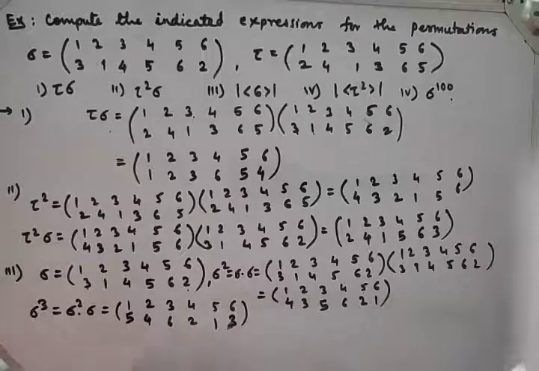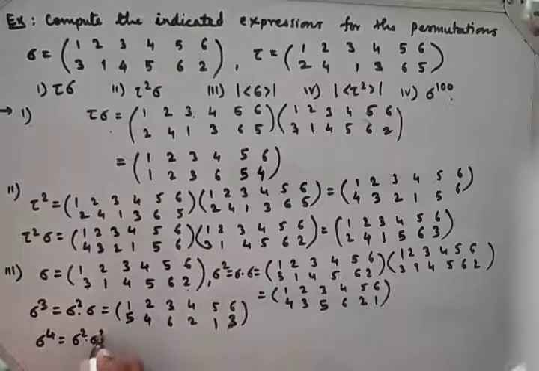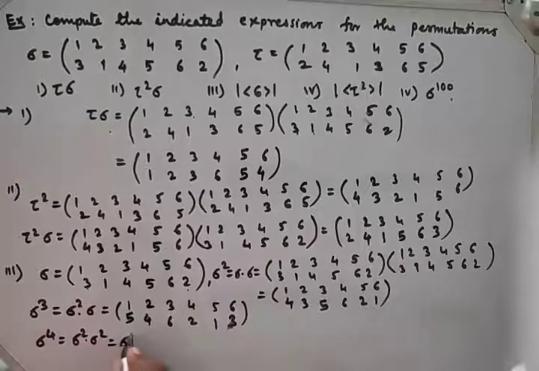So I will next find sigma raised to 4, which is nothing but sigma square into sigma square, or it can be sigma cube into sigma, right?